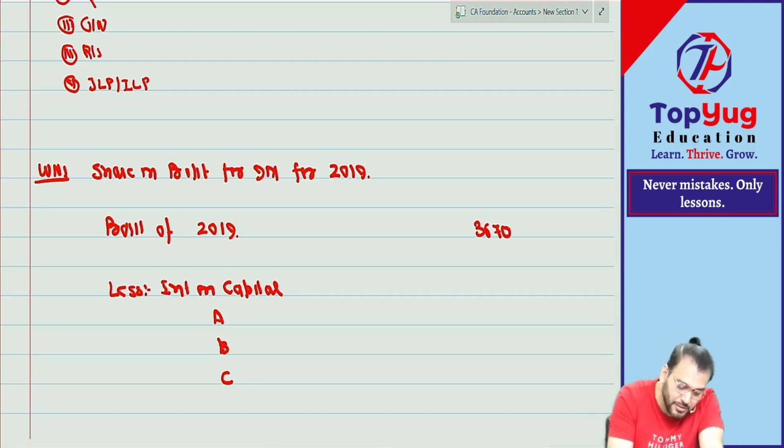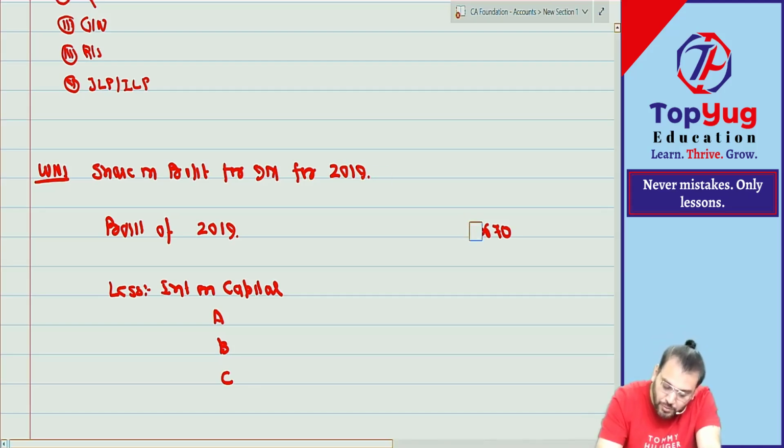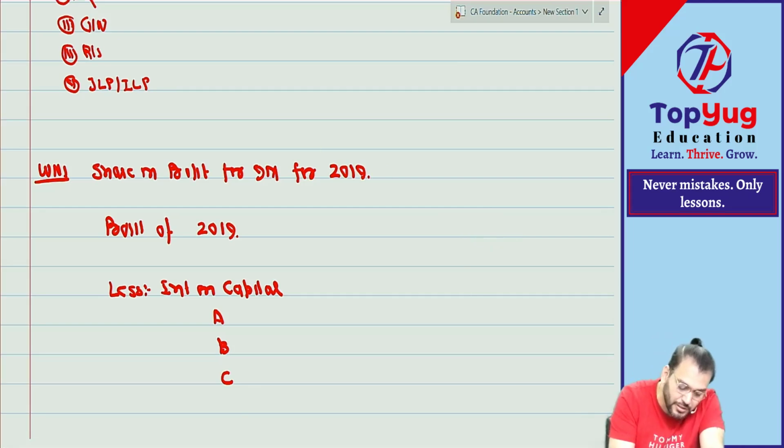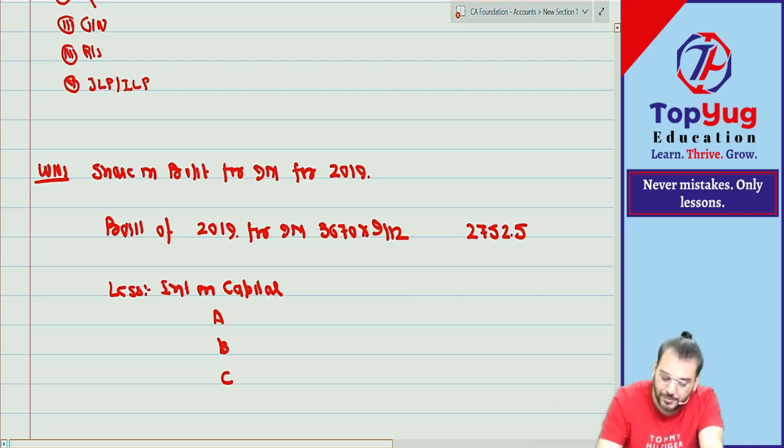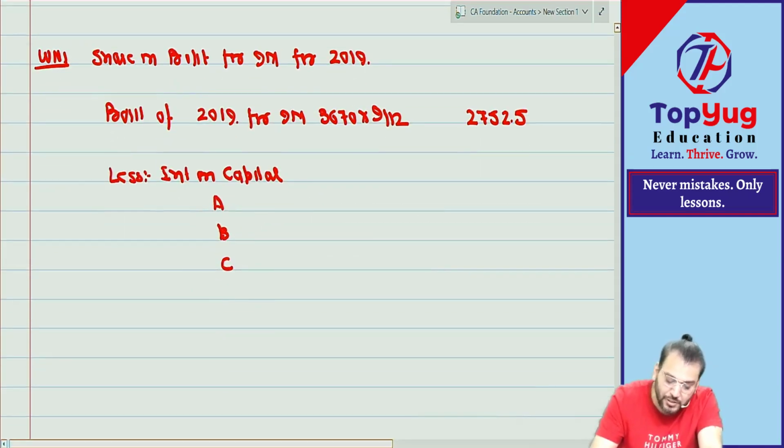But profit for 2019 is calculated for 9 months. For 9 months, it will be 3670 into 9 by 12. How much? 2752.5.